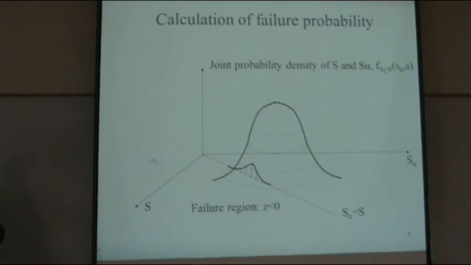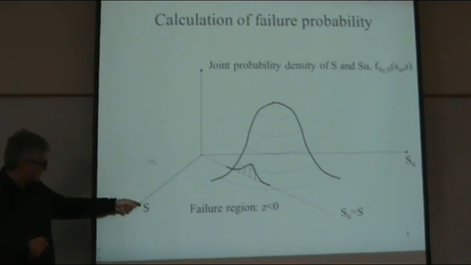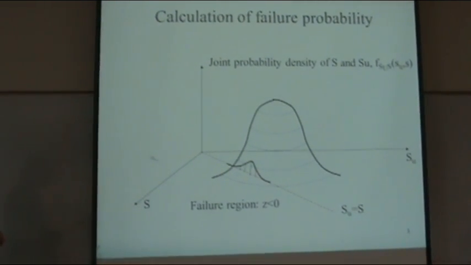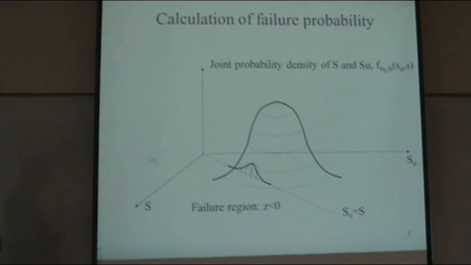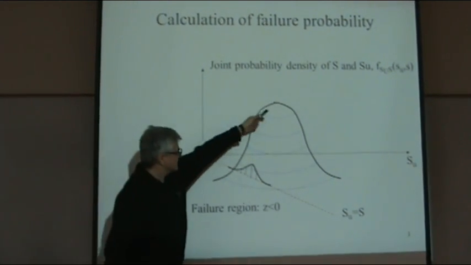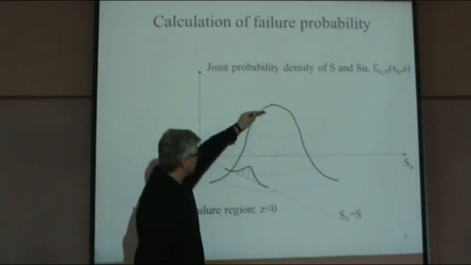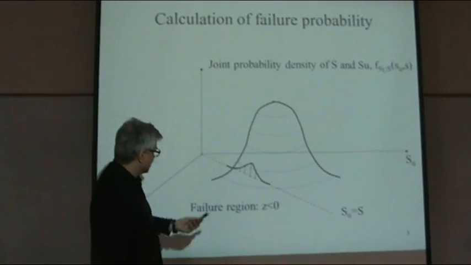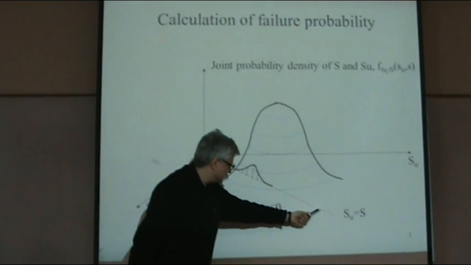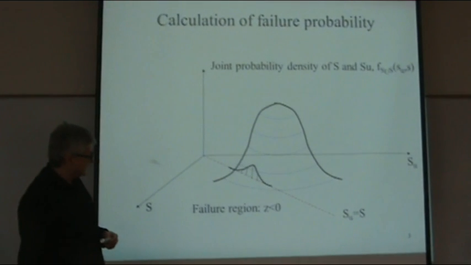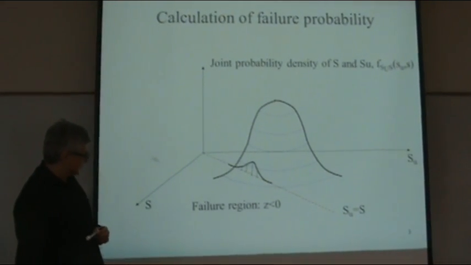Okay, conceptually, if you have two variables, the demand or stress and the capacity, then you have a joint probability density function, which is this surface here, okay? The higher values are more likely. Now, this range of values is divided into two regions.